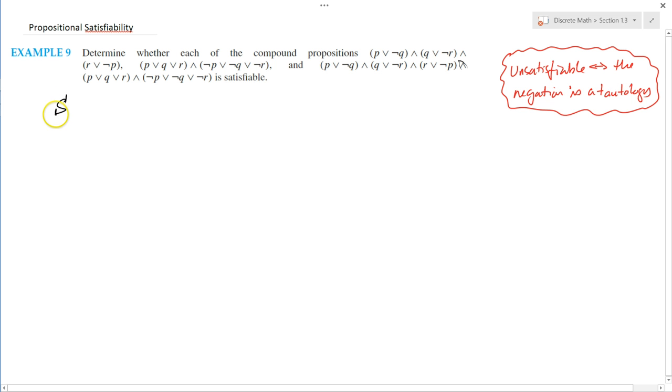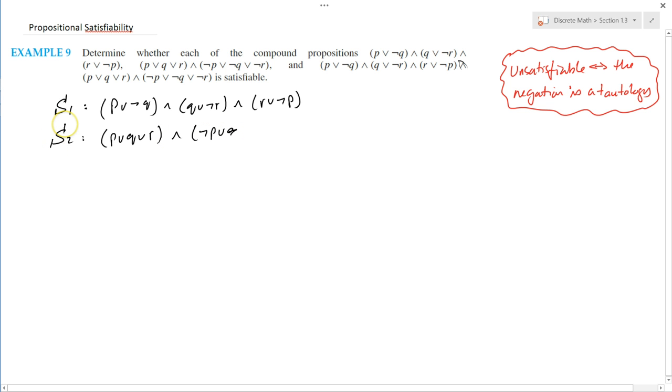Statement number one, capital S1, is defined as P or not Q, and Q or not R, and R or not P. And statement number two would be P or Q or R, and not P or not Q or not R. And the third statement, statement number three, is basically the conjunction of statement number one and statement number two.